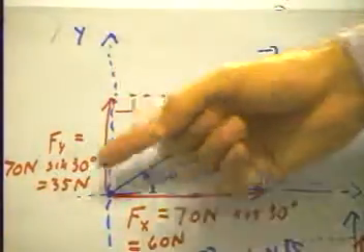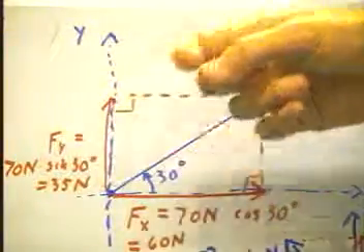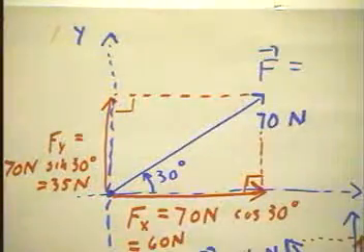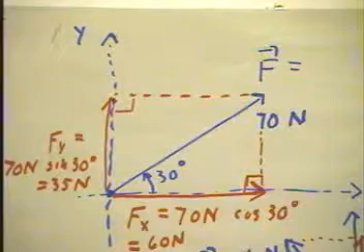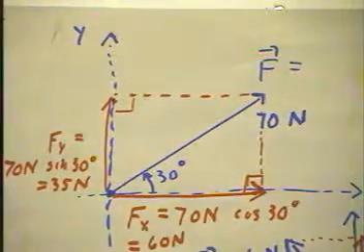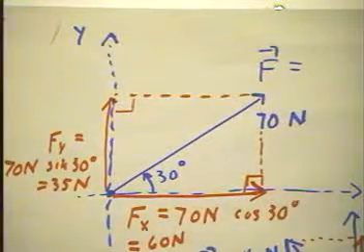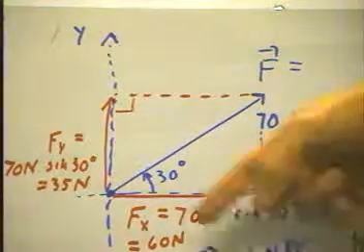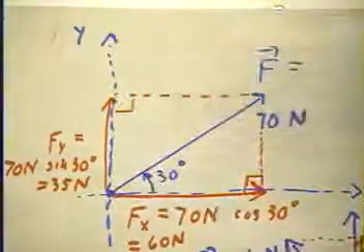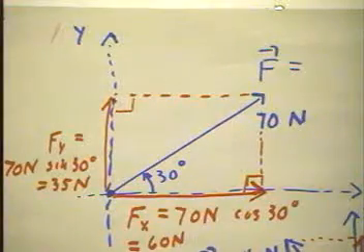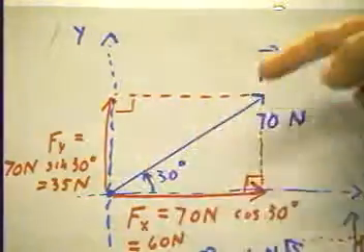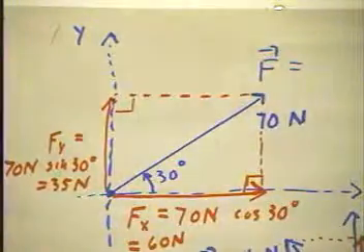The y component, of course, will be the 70 newtons times the sine of 30 degrees, which will be 35 newtons. The point now is that we could fire the guy that's applying this force and hire two other guys to apply these forces, so that this force can be completely replaced by the combination of these two forces.